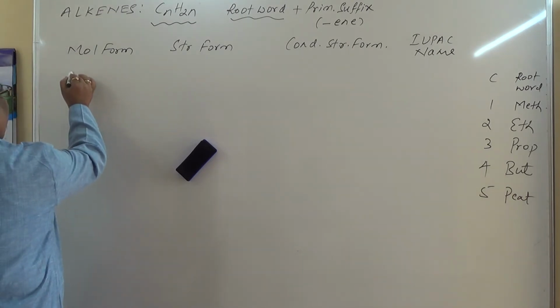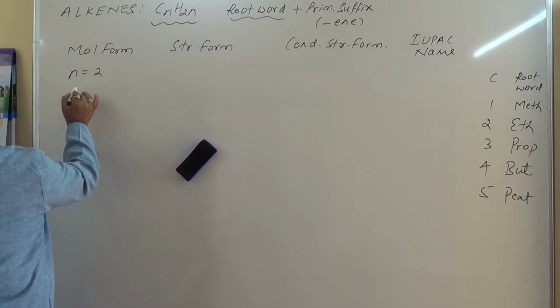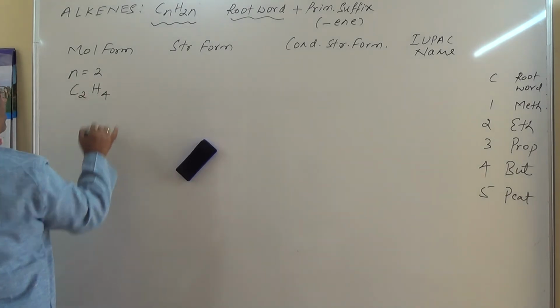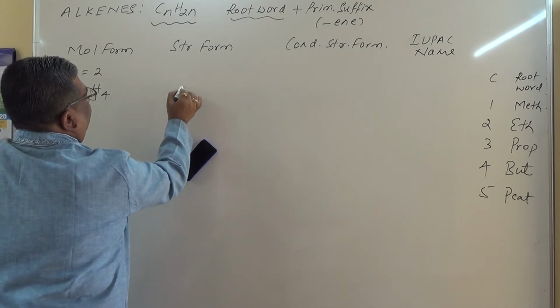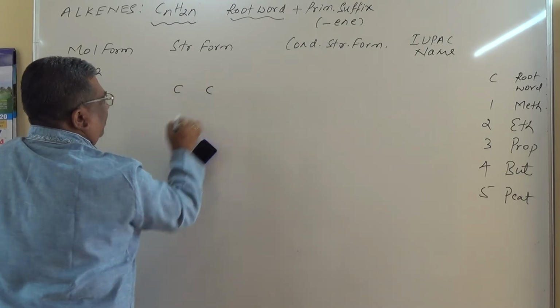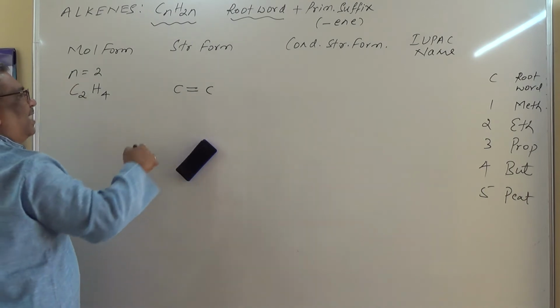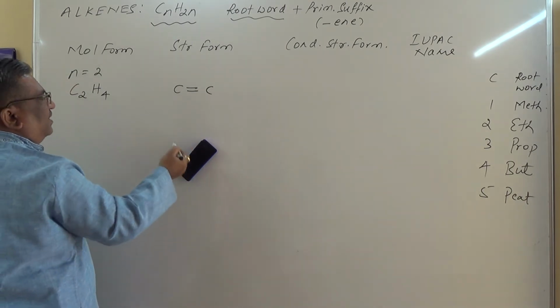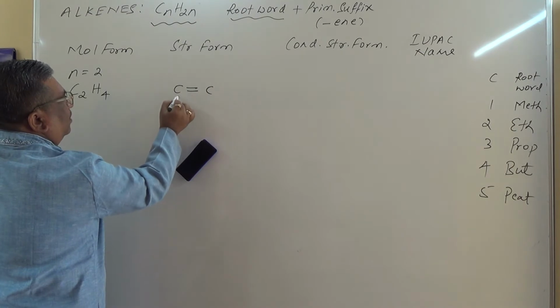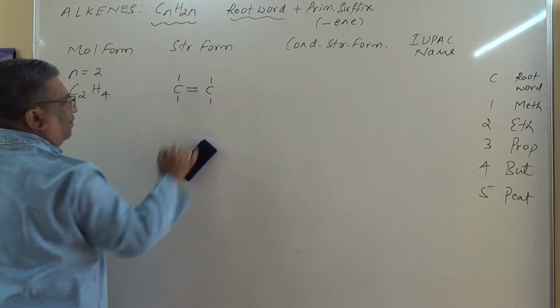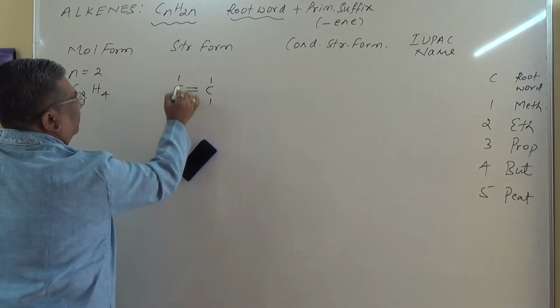So first compound, n equals 2, molecular formula C2H4. Structural formula: first write one carbon atom, introduce a double bond, match the valencies, 4 valencies each: 1, 2, 3, 4, 1, 2, 3, 4. Put hydrogen here.